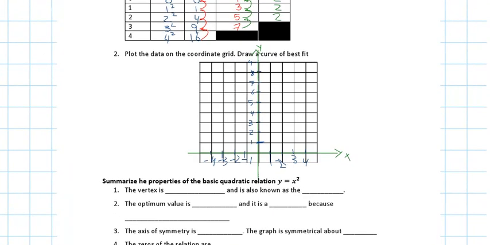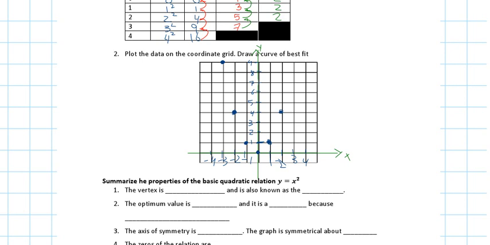Then I have -2, 4. I have negative 1, 1, 0, 0, 1, 1, 2, 4, 3, 9.